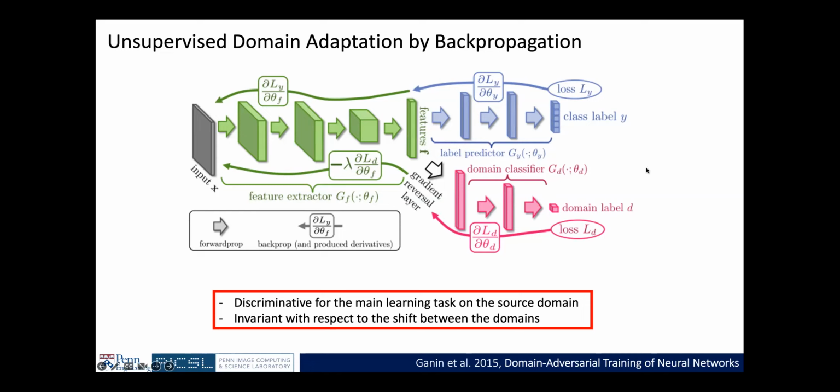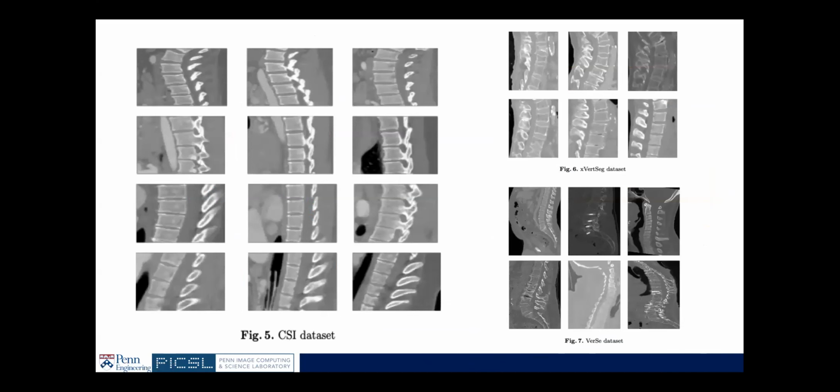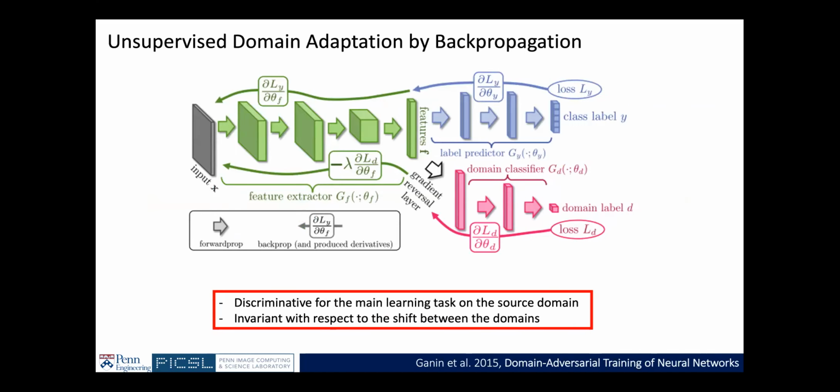So let's discuss this particular paper. Your task over here is, again, as I said, to label or classify these objects. The training distribution, let's name it the source data set. The testing distribution, let's name it the target data set. Your task over here is classification.